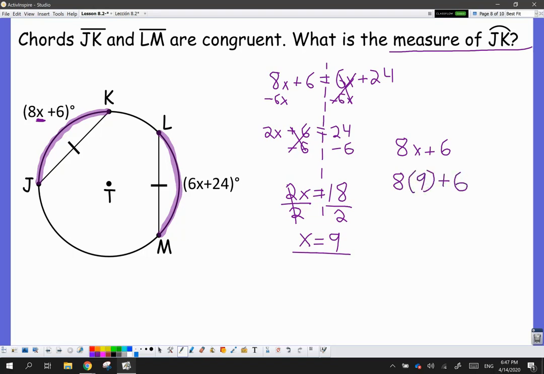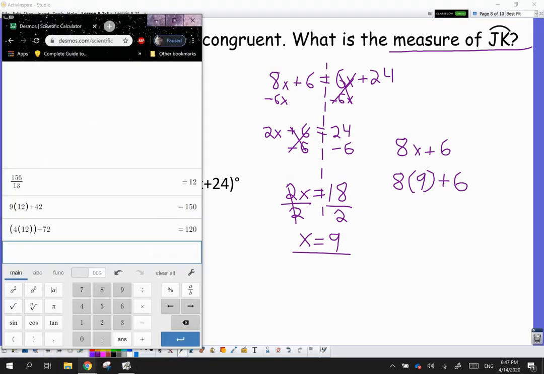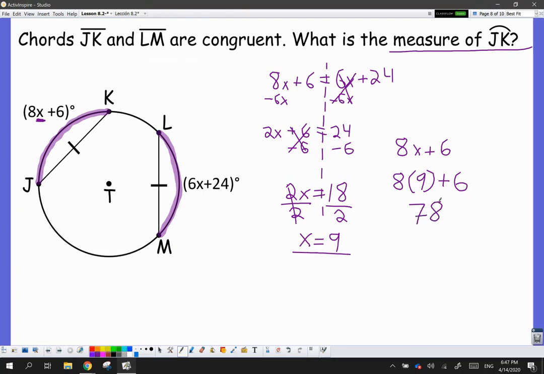I'm going to put that in the calculator: 8 times 9 plus 6, and we get 78. So the measure of arc JK is equal to 78 degrees.